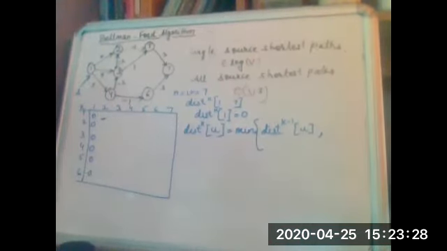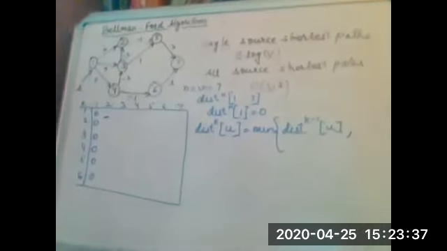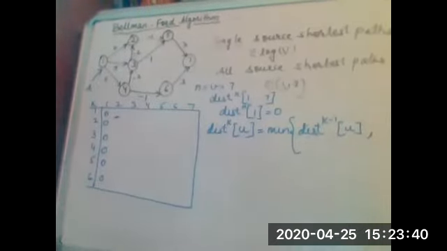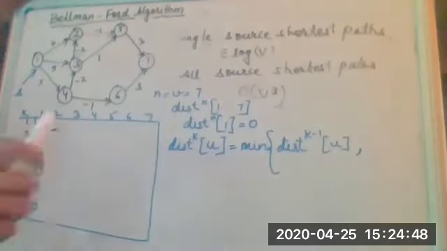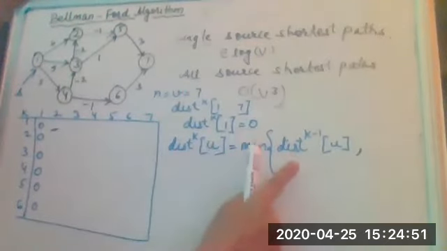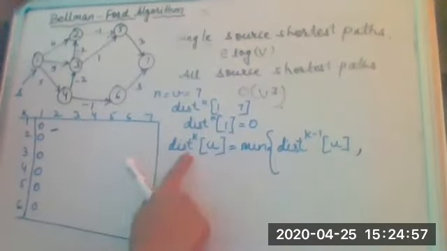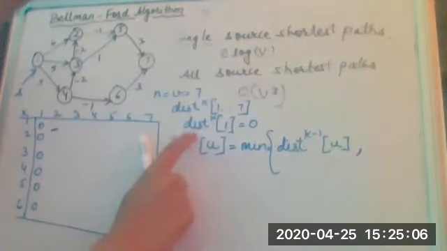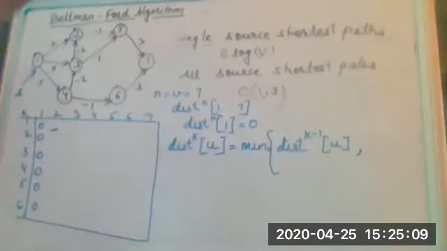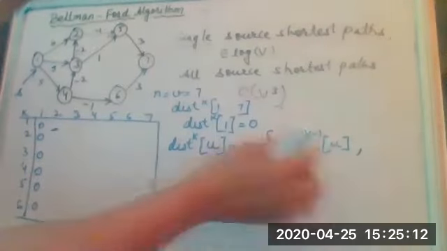Okay, so assuming this is clear, the next value is the minimum distance when we are considering the previous vertices and not considering any new vertex. So if k is equal to 3, we are now trying to find the distance of u from the source vertex considering 3 vertices. We'll check what the distance was when only 2 vertices were included.